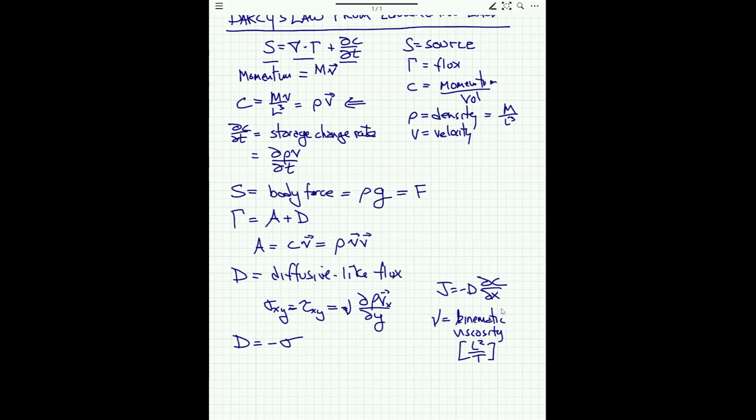And then we put these together: the advective and the diffusive term. So the divergence of the flux is just going to be the divergence of these two terms we just wrote.